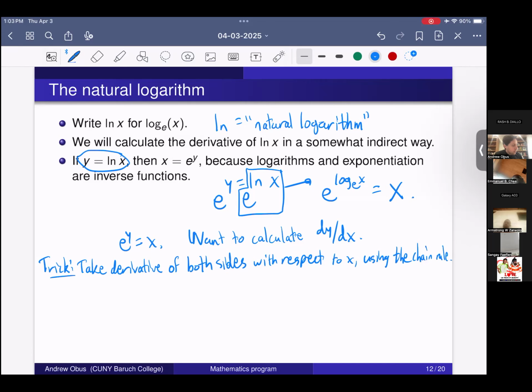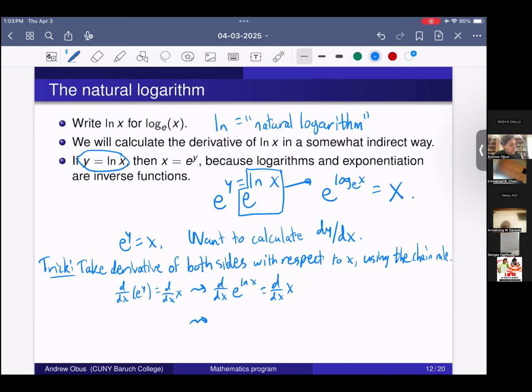So I have d dx of e to the y equals d dx of x, which in other words is saying that d dx of e to the ln of x is equal to d dx of x, right? Because e to the ln of x is x, so their derivatives should be the same.